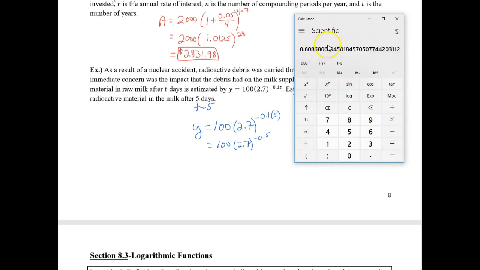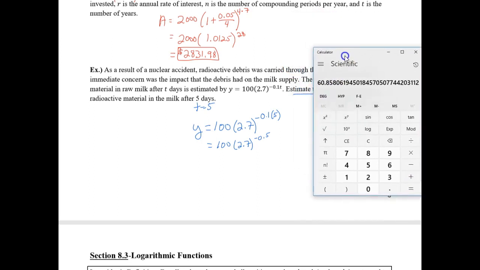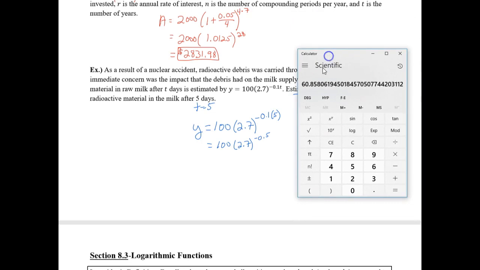I'm going to leave this whole long thing in our calculator and multiply it by 100. So approximately 60.9%.